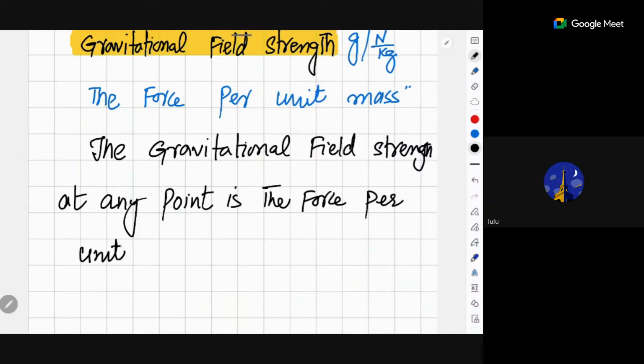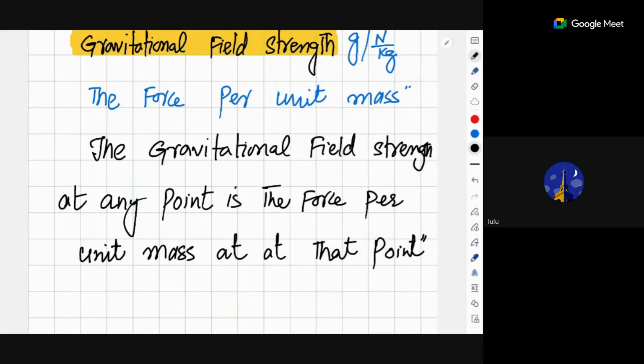Don't write per 1 kg, write per unit mass at that point. That is the 2 marks definition.